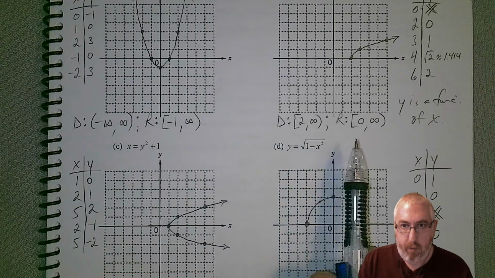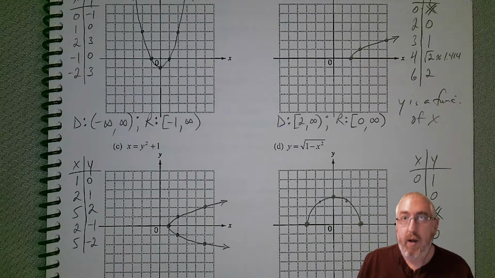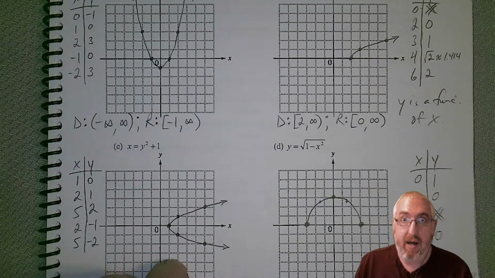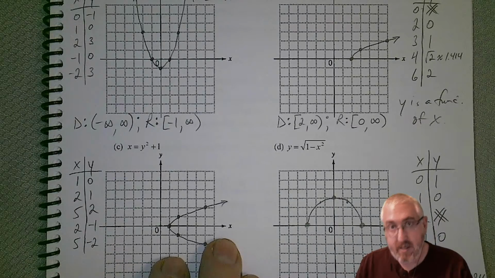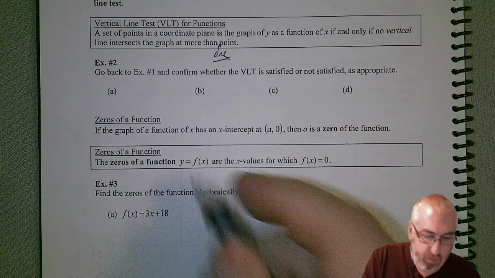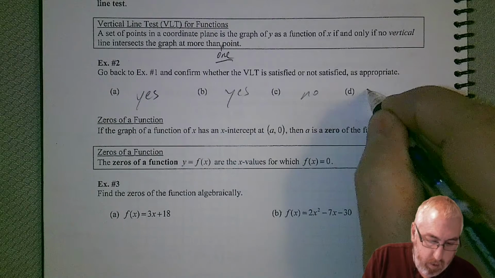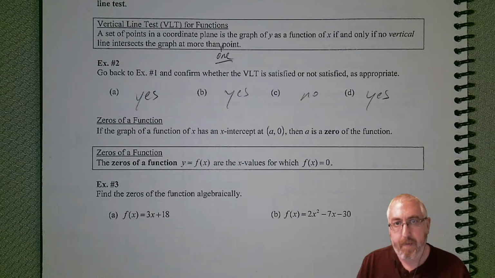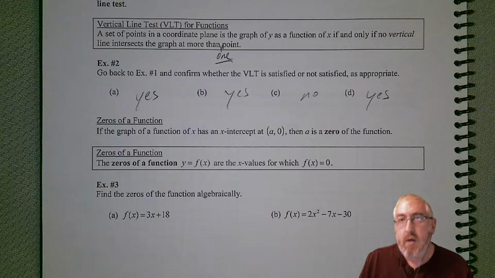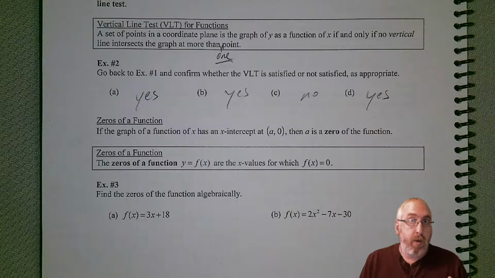So we can quickly see whether it gives you a function by passing the vertical line test. So this was a yes, a no, and a yes.